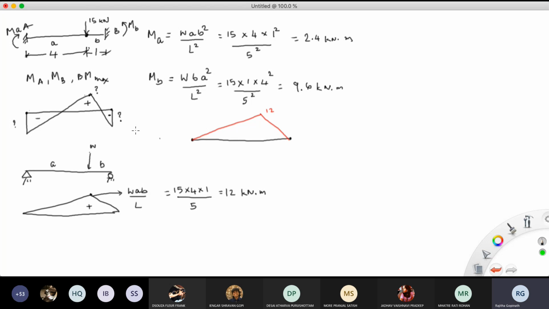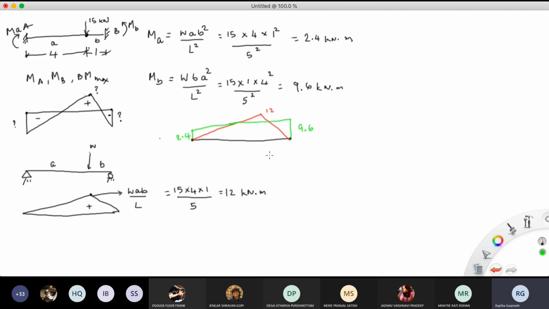The negative area is one larger and one smaller, right? So I'm drawing on top of it. I'm overlaying it. So MA is 2.4 and MB is 9.6. This is 2.4 and 9.6. So this is 9.6 and this is 2.4.